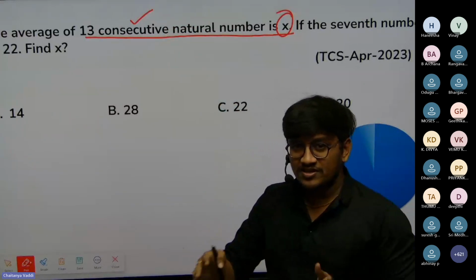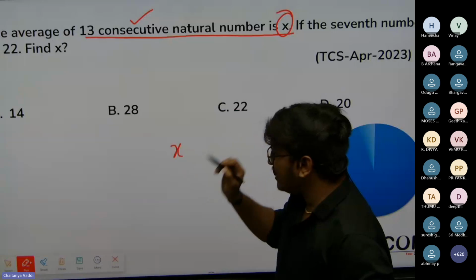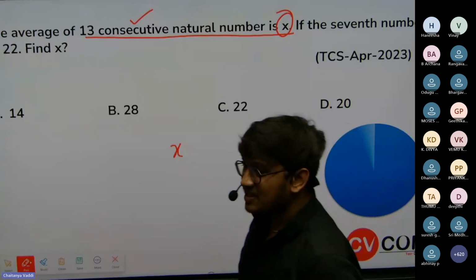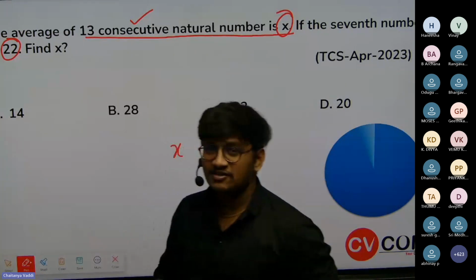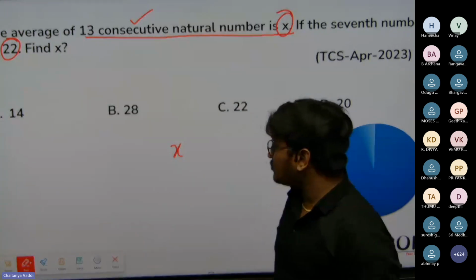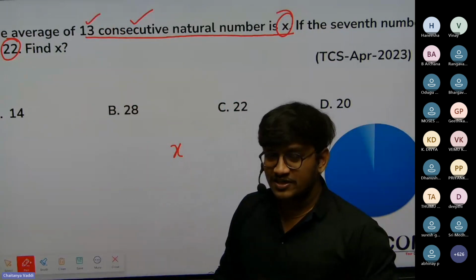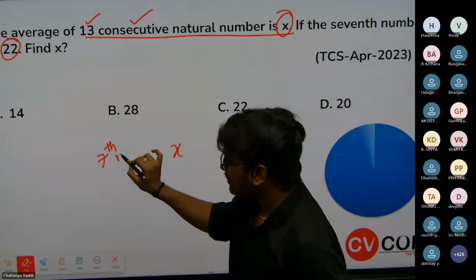There are 13 numbers in a series where the average is given as X. So can I say that the middle number is X? They have also given one more condition: if the seventh number is 22, find the value of X. We have a total of 13 consecutive numbers. Out of 13, what will be the middle number? The middle number is the seventh one, correct?